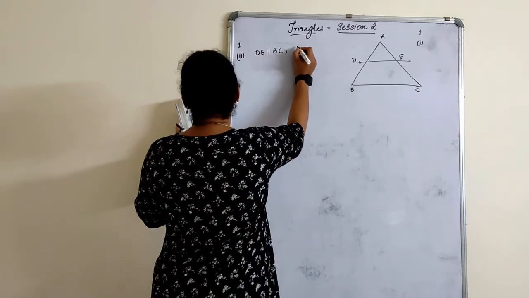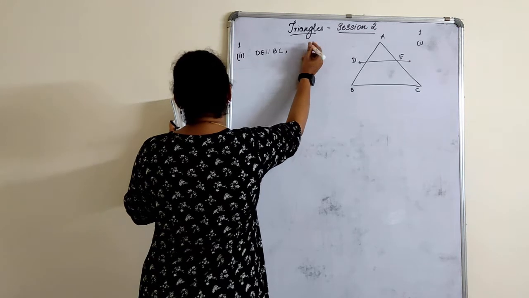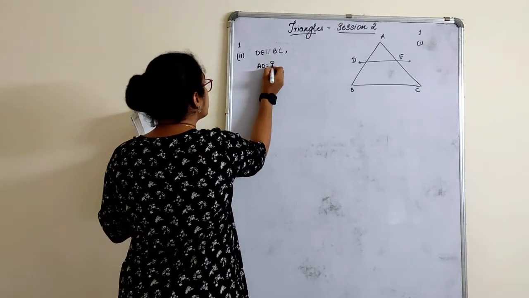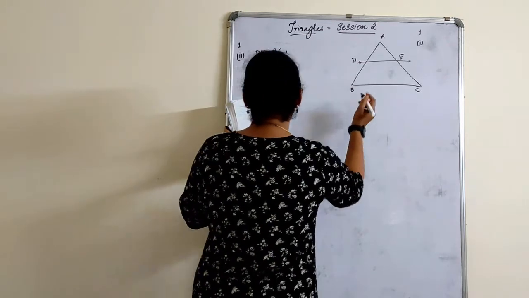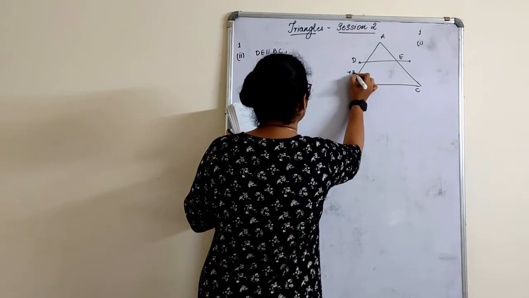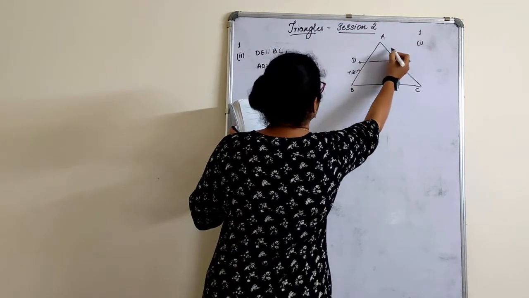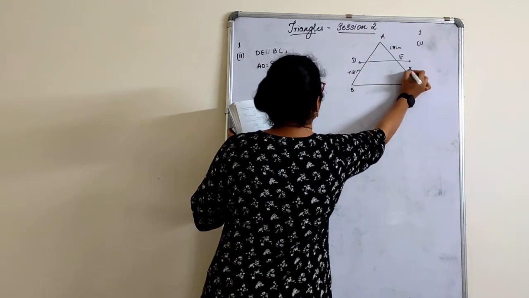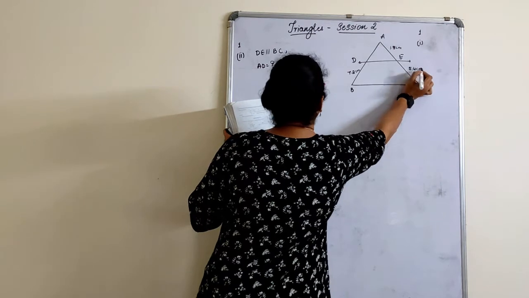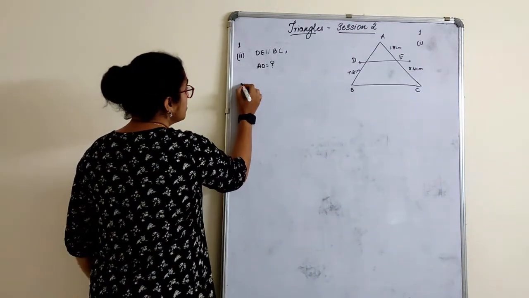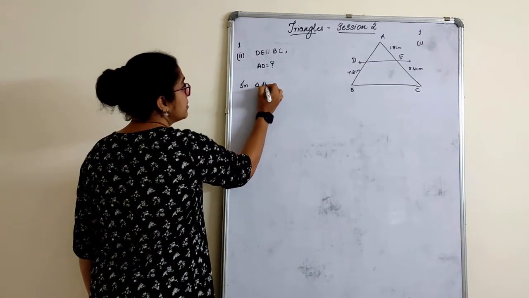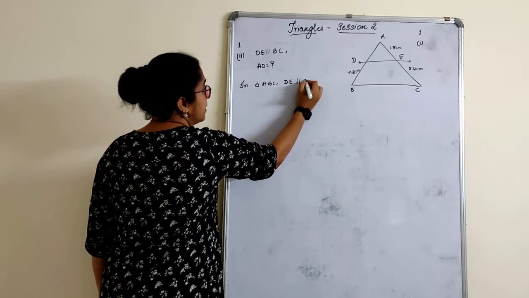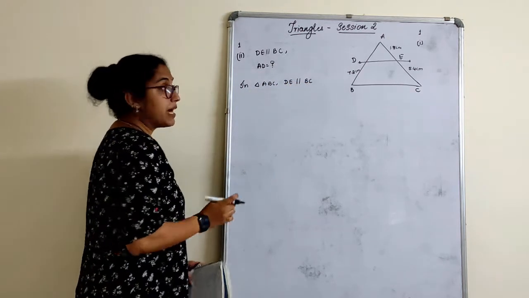DE parallel to BC and find AD. What else is given here? This is 7.2 centimeter, this is 1.8 centimeter and this is 5.4 centimeter. In triangle ABC, DE is parallel to BC.